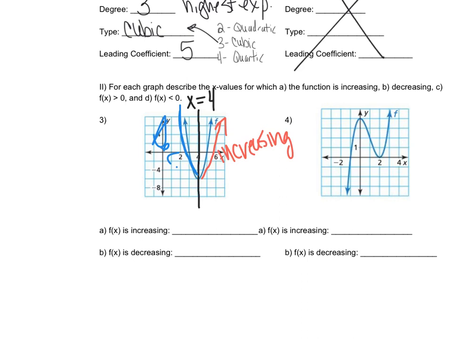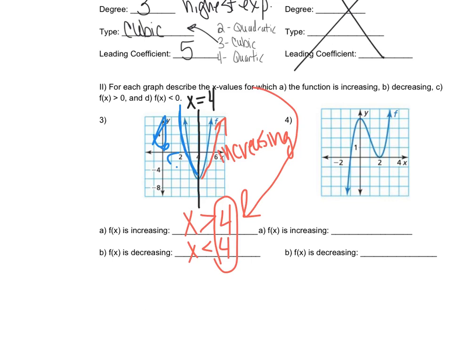Well, it is increasing to the right of 4. To the right of 4 is greater than, so it is increasing where x is greater than 4. And it is decreasing when x is less than 4. Again, whatever the change of direction is, at 4 in this case, that is going to be what you are comparing it to each time.